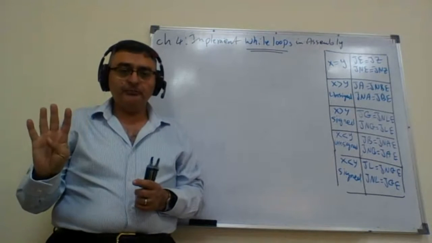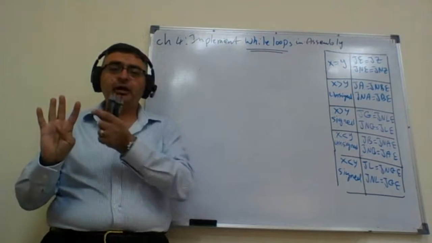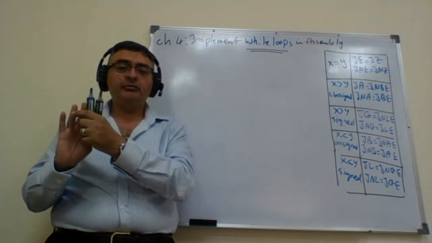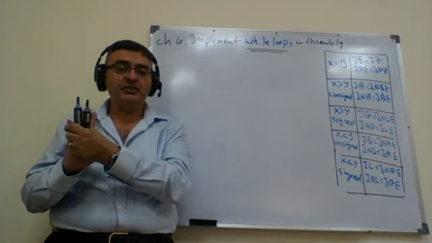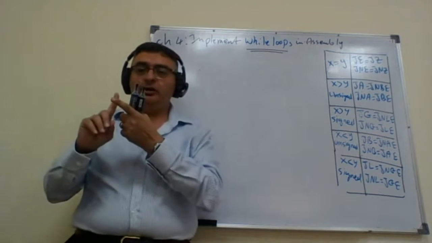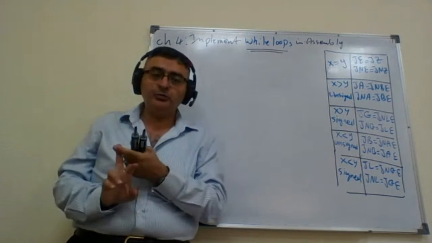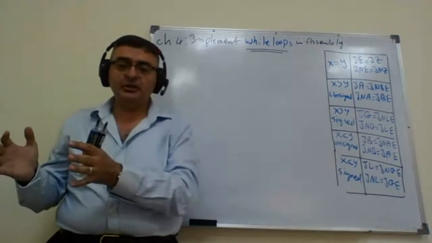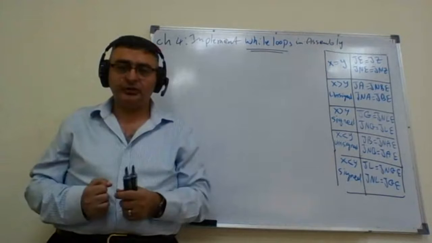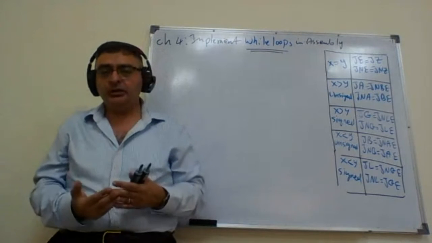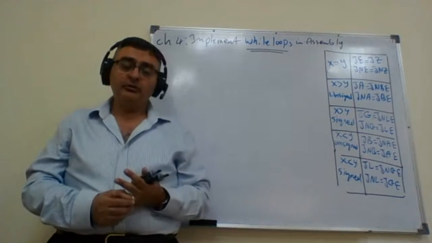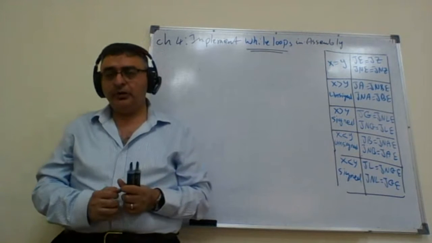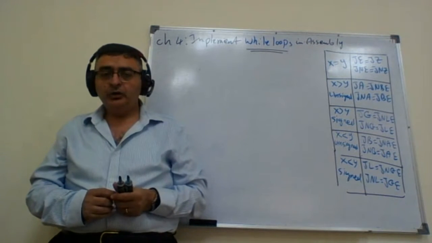We have four controls in the high-level language: the for loops, the do-while loops, the switch cases, and the if-else statements. For loops and while loops have some similarity. If-else statements and switch cases are also similar to each other. In lecture number 19, part 1, we covered the for loops, and today we are covering the while loops.